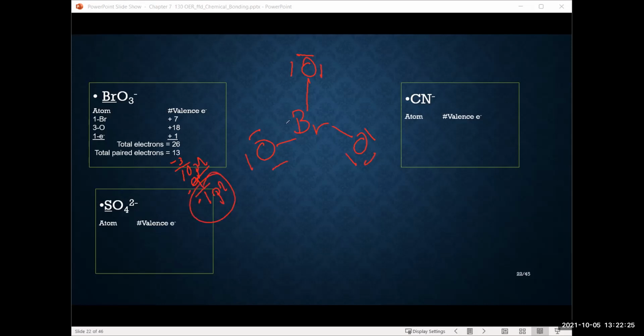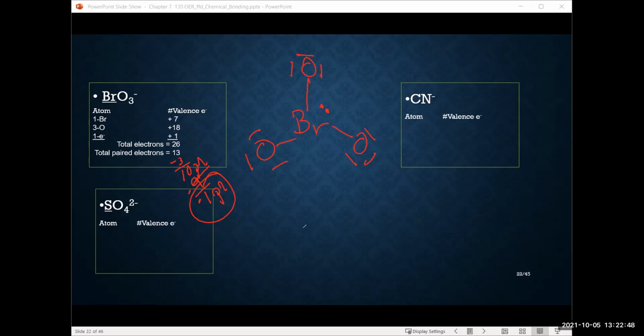Okay, well, I cannot put them on the oxygen because all of them are happy. The bromine only has 6, so I can very quickly just place it right in there. And now everybody's doing good with respect to the octet.